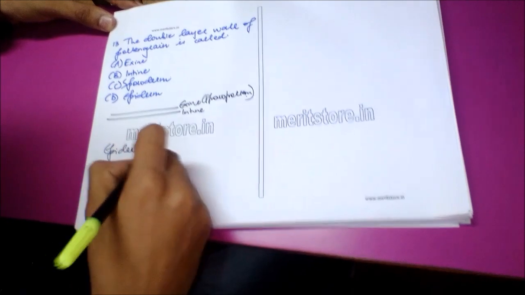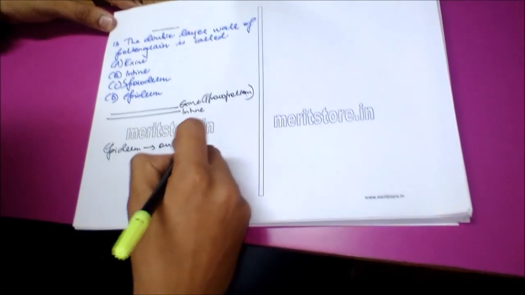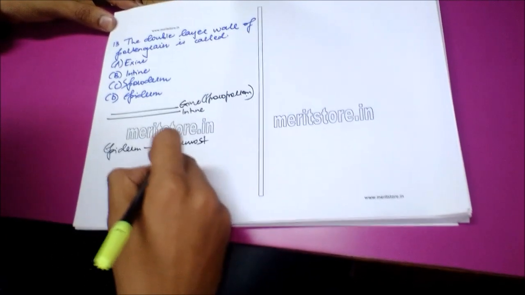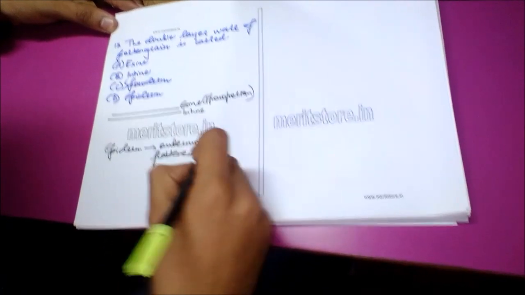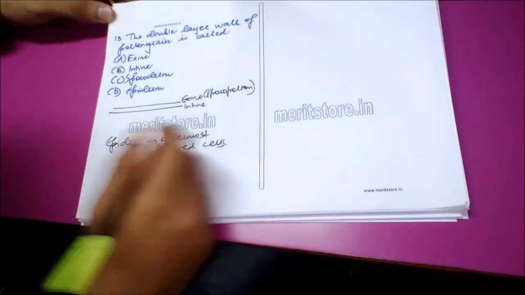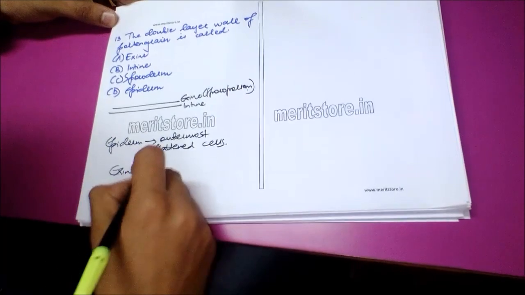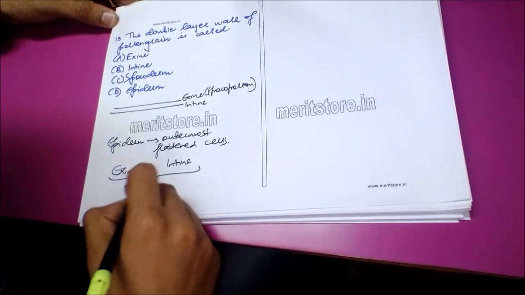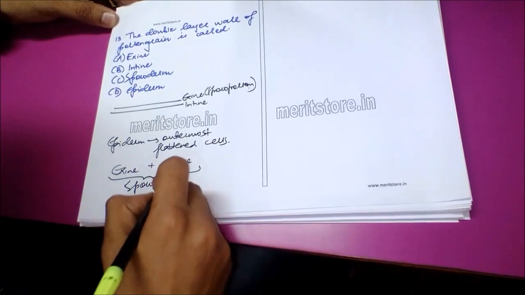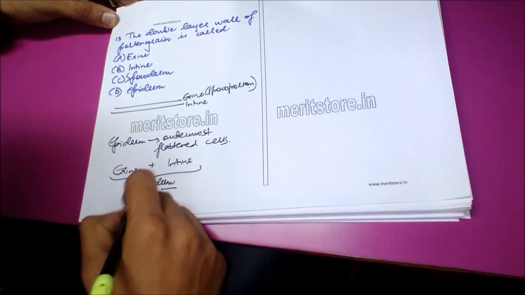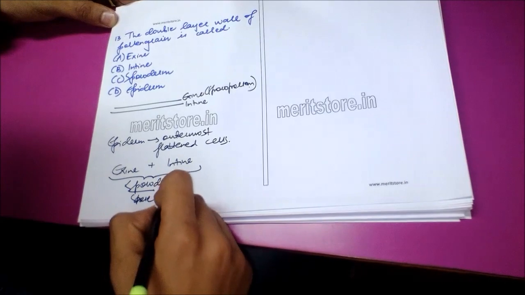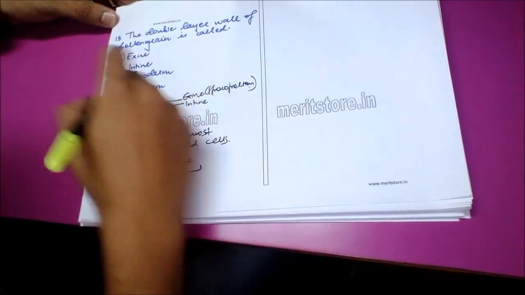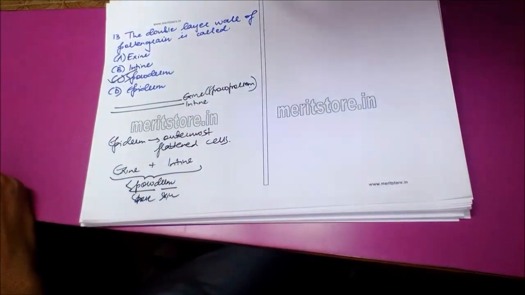The epiderm is the outermost covering consisting of flattened cells. The exine and the intine together are known as the sporoderm, or the skin of the spore. So the answer to this question is option C, which is sporoderm.